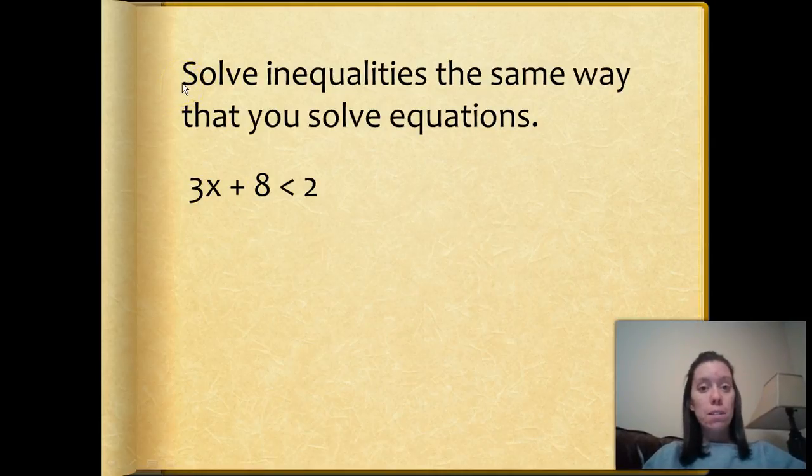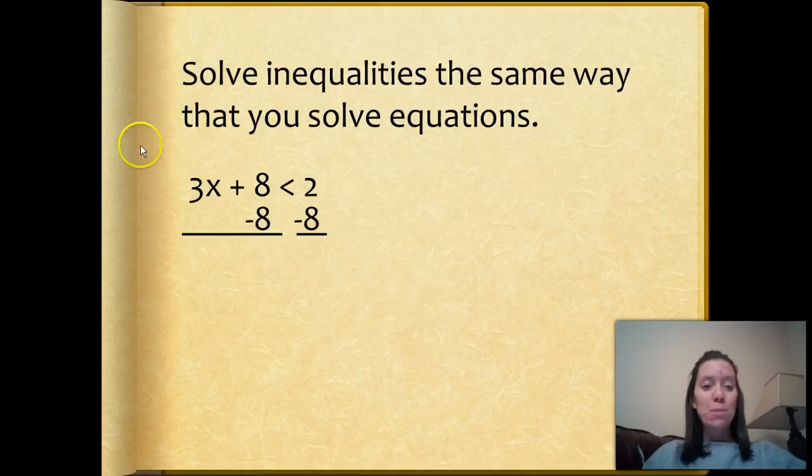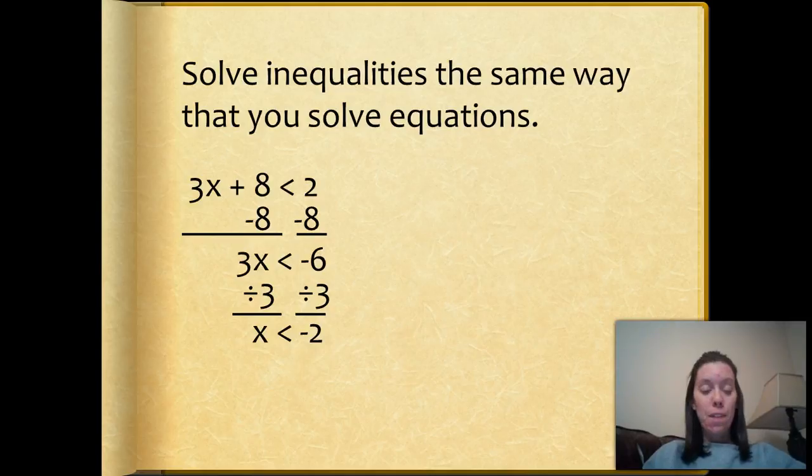We don't use PEMDAS, we use SADMAP. So we're going to subtract 8 first, and that will give us 3x is less than negative 6. Then we'll divide by 3, and that will give us x is less than negative 2. So that would be your solved inequality.